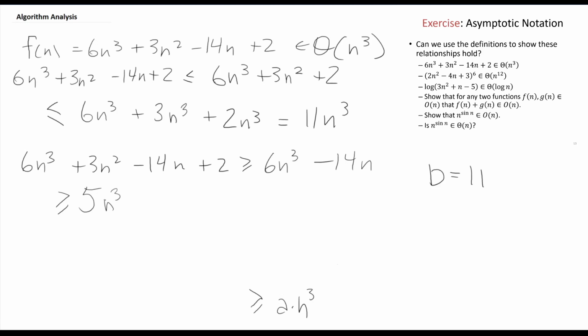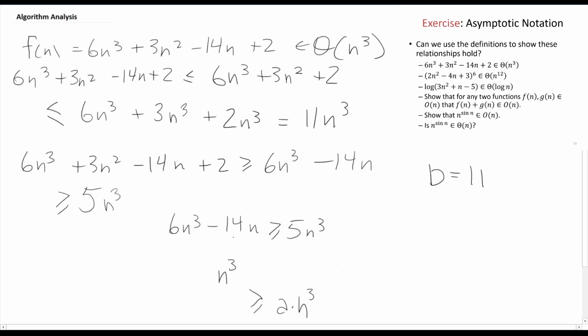Now, there's a little algebra we can do here to make this very clear. We're going to have 6n cubed minus 14n, and we're saying this is greater than or equal to 5n cubed. Now I'm going to transfer things around a little. I'm going to do minus 5n cubed on each side, so that leaves me on the left-hand side with an n cubed.